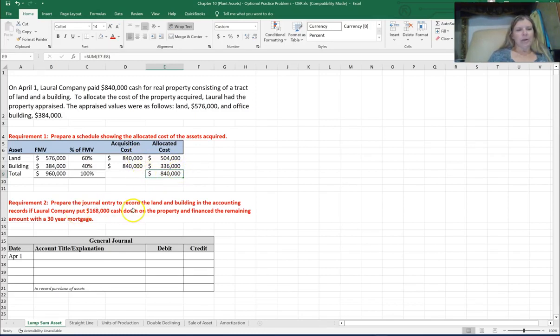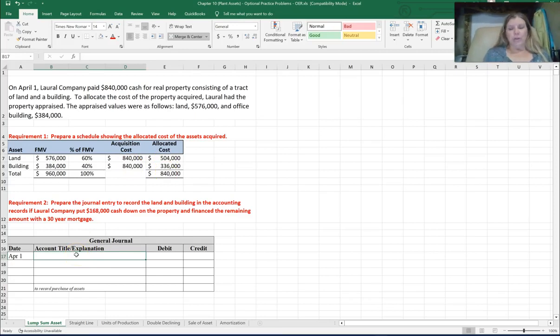Then it's asking us to prepare the journal entry to record the land and the building in our accounting records. And it says the company puts $168,000 cash down payment, and then they finance the rest with a 30-year mortgage. So we have to record the assets first because the assets are going to be increasing, and so they will be our debits. And remember, in a journal entry you always record your debited accounts first.